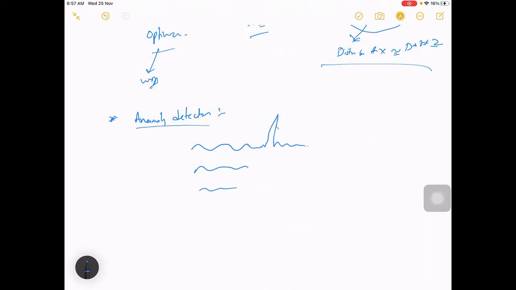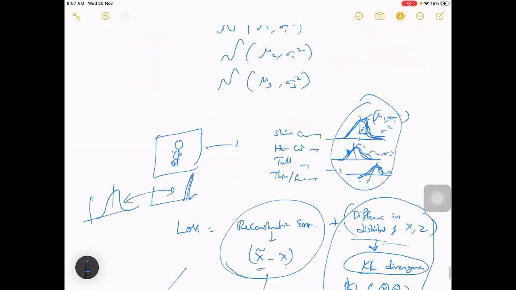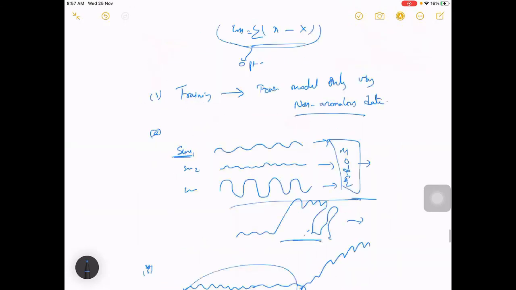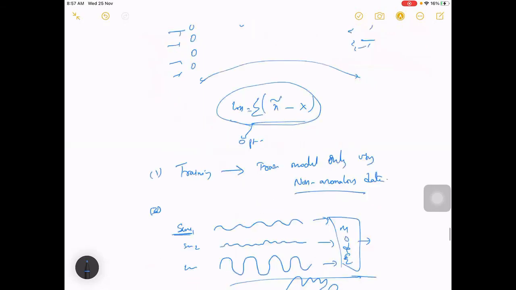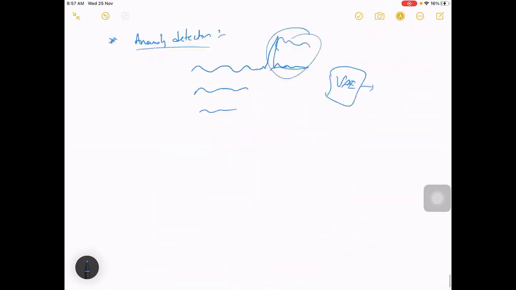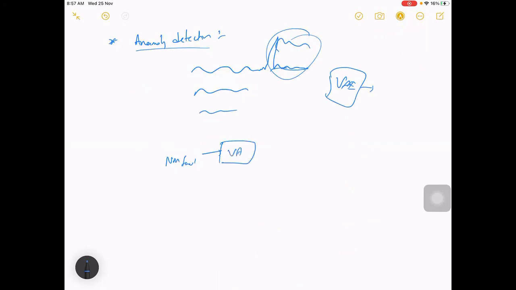So these faults will get identified by using variational autoencoders. The rest of the things are the same as what we discussed during autoencoder, but the only thing that differs is that we train the variational autoencoder with non-faulty data for getting a reconstruction error, right?